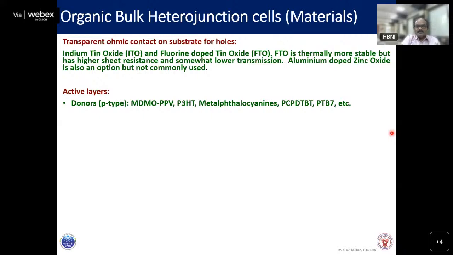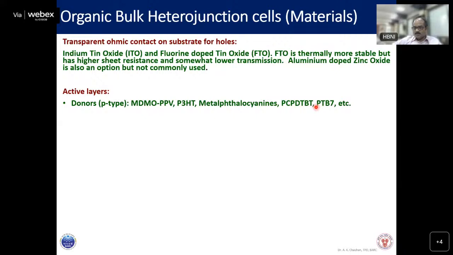For the active layers, donor materials, P3HT has been used for nearly 20 years. And these are short names of MDMO-PPV, P3HT, and then there are metal phthalocyanines, then PCPDTBT, PTB7, etc. These are the donors.